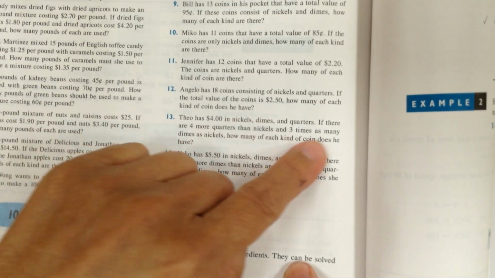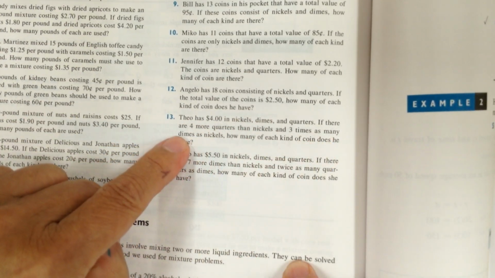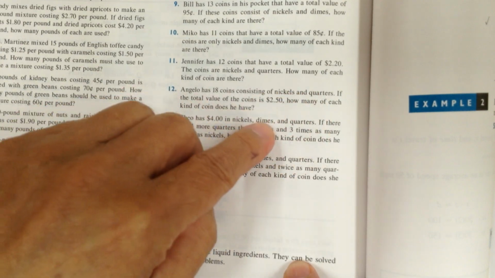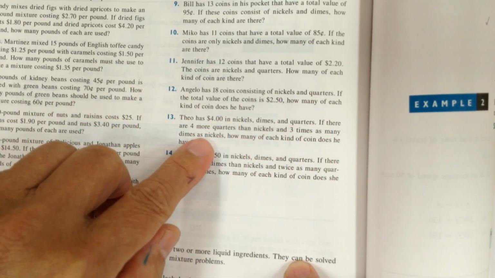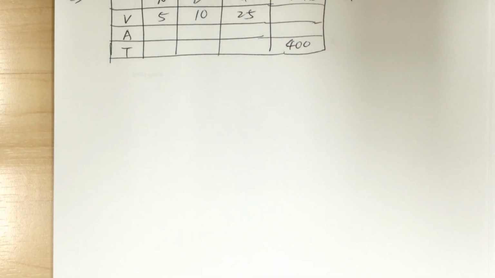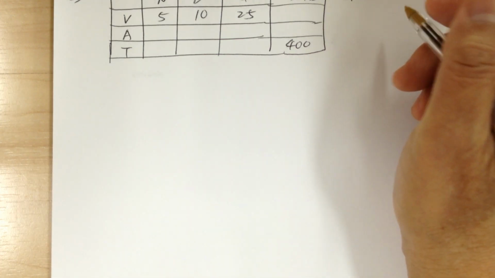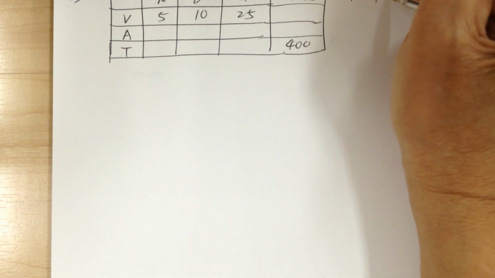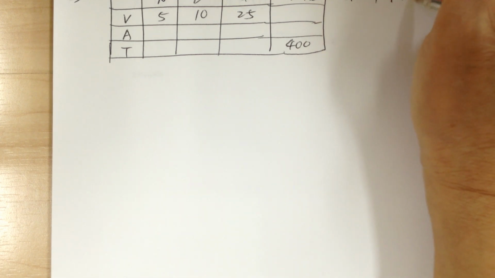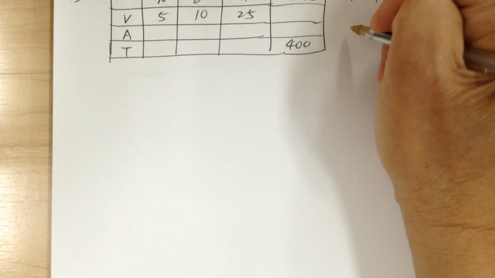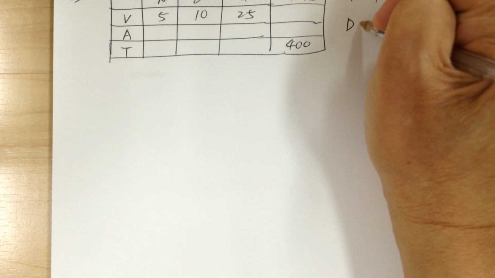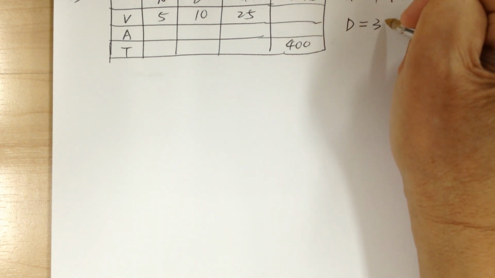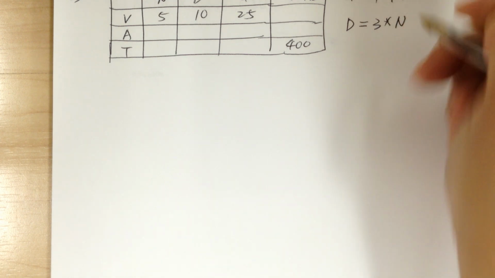For the second one, you move dimes to the front, so dimes are 3 times as many as nickels. That's how you translate those words.